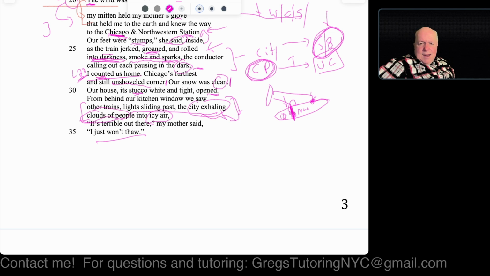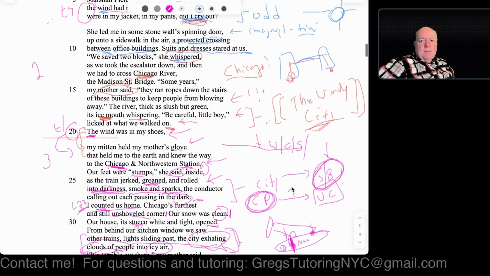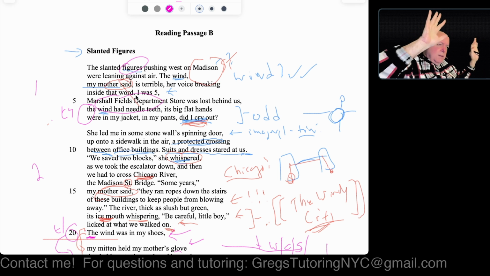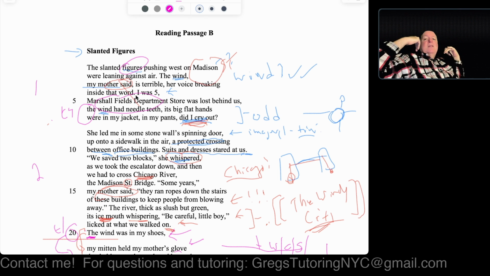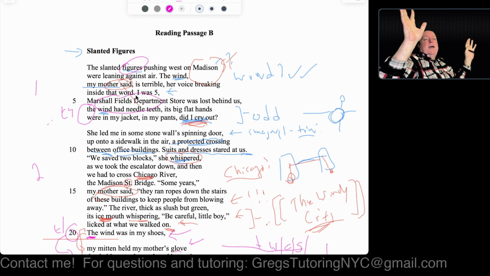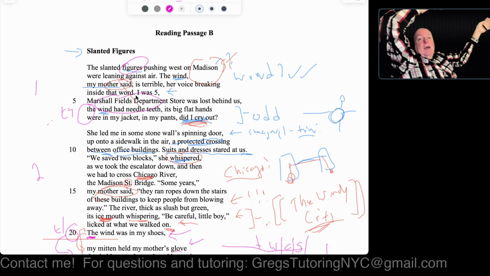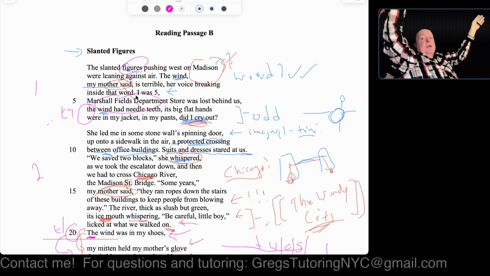All right, so that is kind of the run through of this. If we come back to the question of what the title was about, because it was windy and a storm, it seems clear that the figures were people pushing themselves forward so they didn't get knocked over by the wind. It wasn't talking about a street sign or one of those funny, weird-looking things at car companies, that tall thing that waves in the wind.